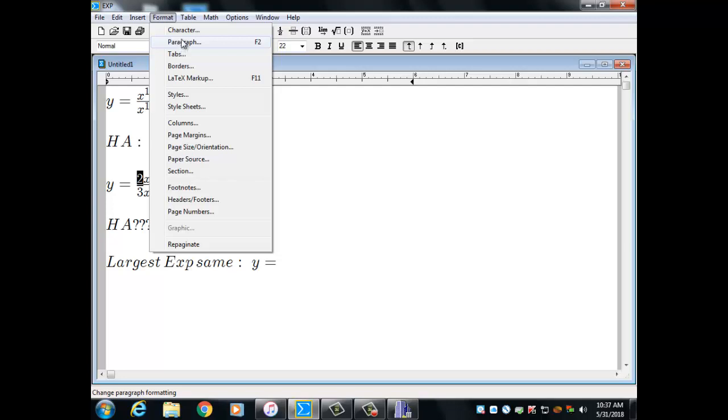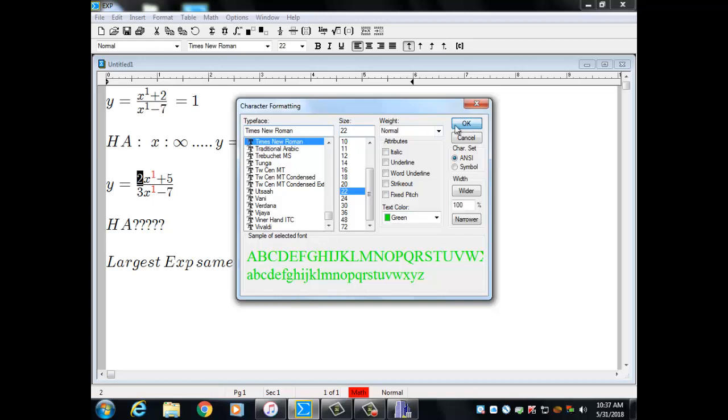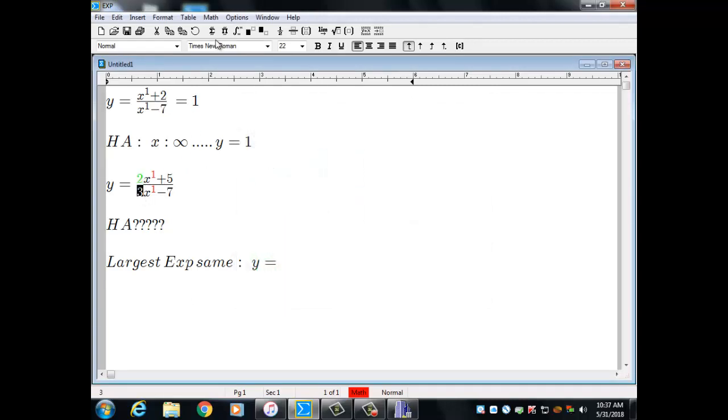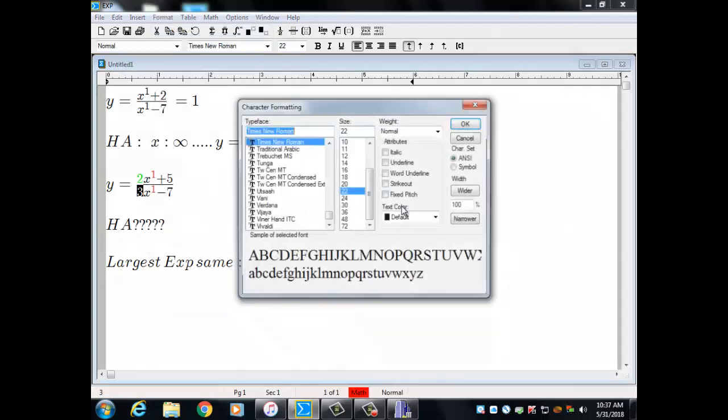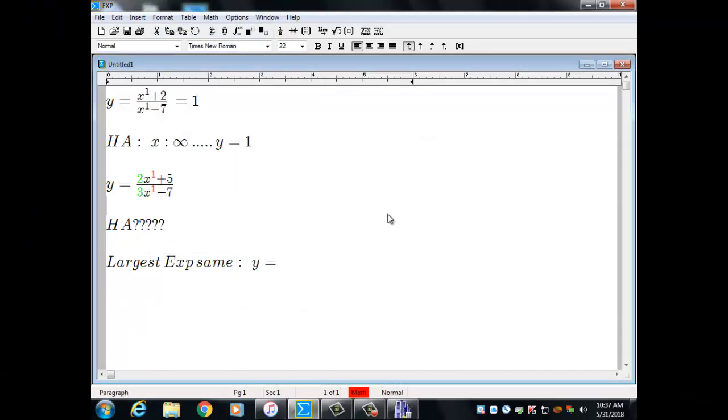It'll be y equals whatever these two numbers are. Okay? If these exponents are the same, it'll be y equals whatever these two numbers are.